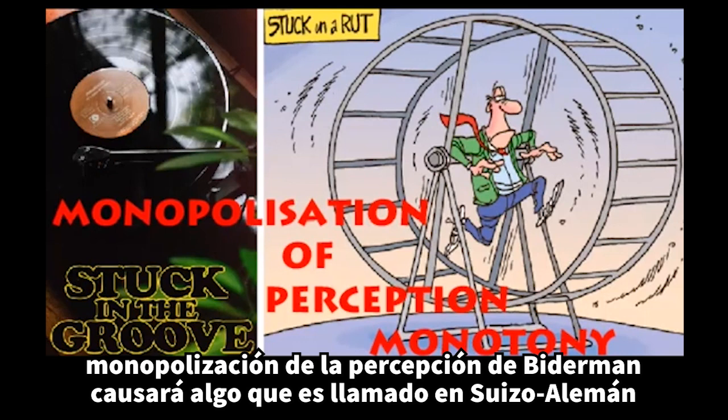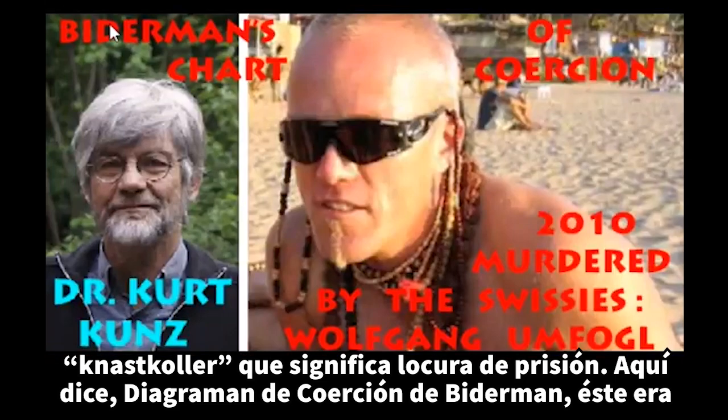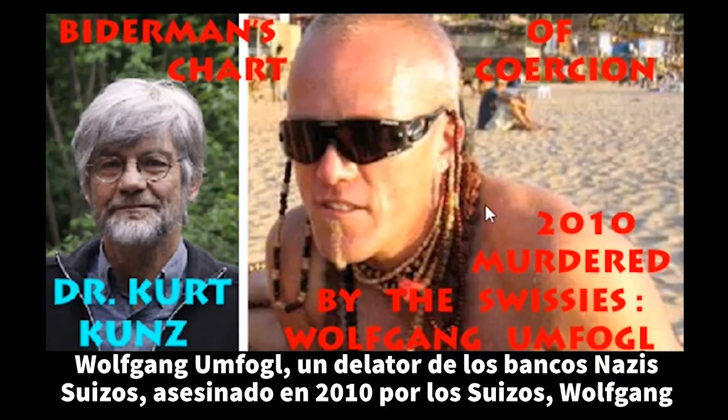Biderman's monopolization of perception will lead to what is called in Swiss German Knastkoller, which means prison madness. So here it says Biderman's chart of coercion, and this was Wolfgang Umvogel, a whistleblower concerning the Swiss Nazi banks, 2010, murdered by the Swissies.